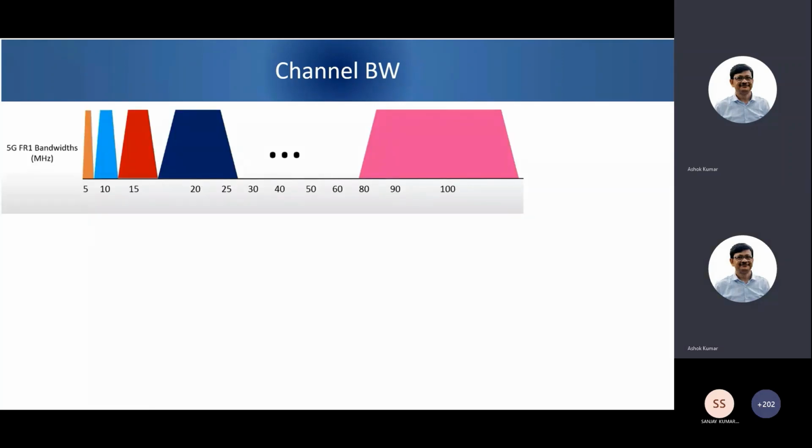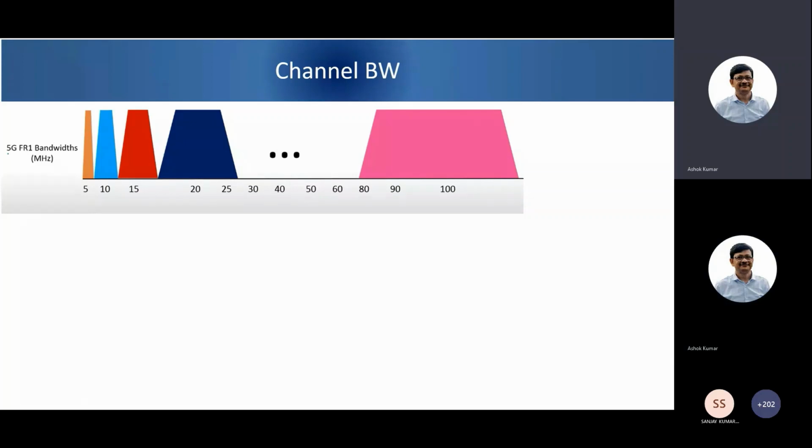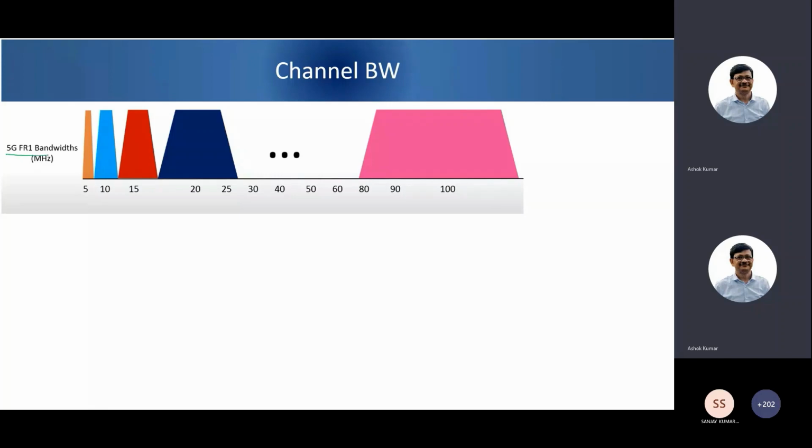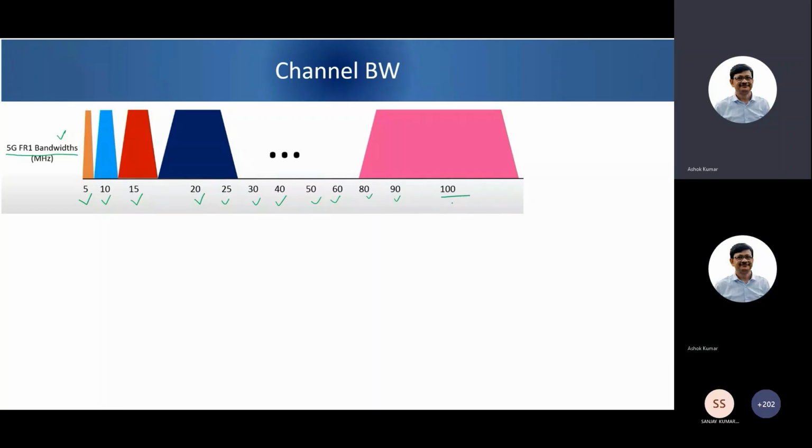As you recall, we said that we have two frequency ranges in 5G. The first is frequency range 1. So if you are using frequency range 1 for your 5G rollout, then you can have channel bandwidth of 5 megahertz or 10 megahertz or 15 megahertz, 20, 25, and then in the 10 megahertz size, 30, 40, 50, 60, 80, 90, and then 100 megahertz.